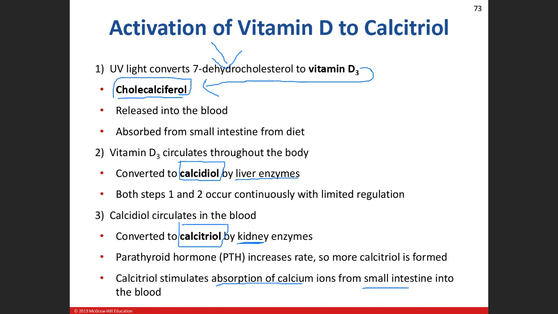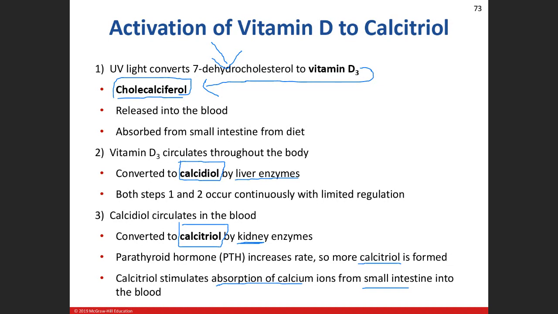But guess what? With the help of parathyroid hormone, when your parathyroid gland produces parathyroid hormone, it increases the rate of calcitriol formation. And if we have more calcitriol, then we can absorb more calcium from the small intestines. So what we say is parathyroid hormone acts synergistically with calcitriol to increase your blood calcium levels.